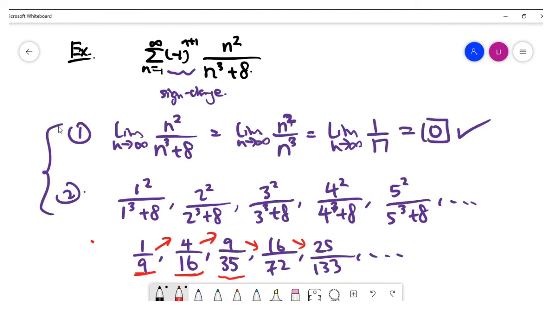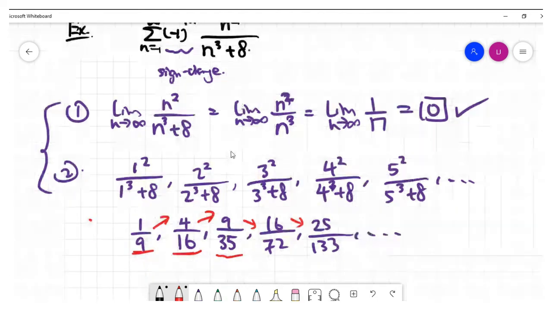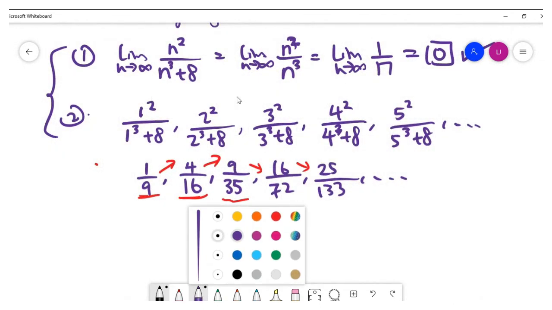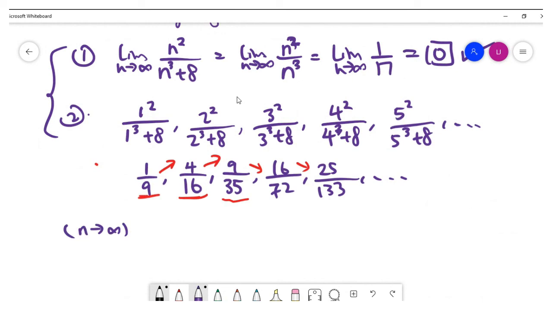So to confirm that it is actually a decreasing sequence when n goes to infinity, what we need to do is this step. We have to check what happens to the term when n goes to infinity. Numerically speaking, when n goes to infinity, we can drop the term with the smaller power.